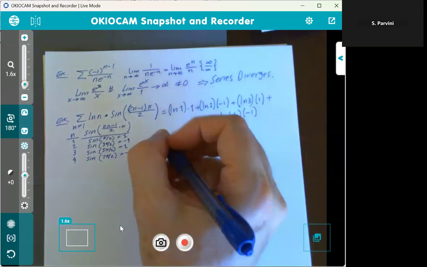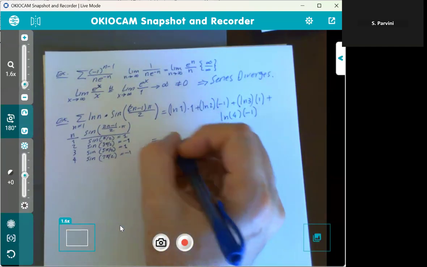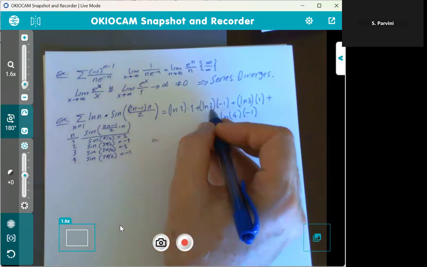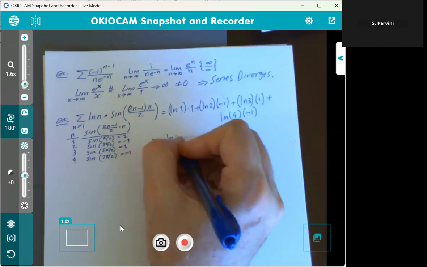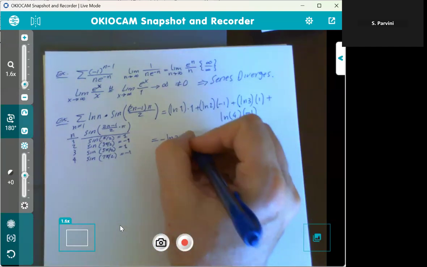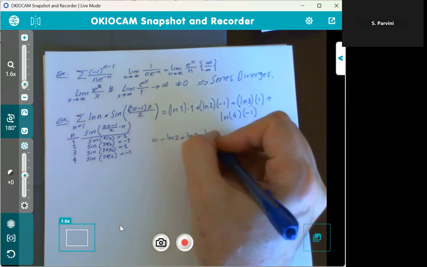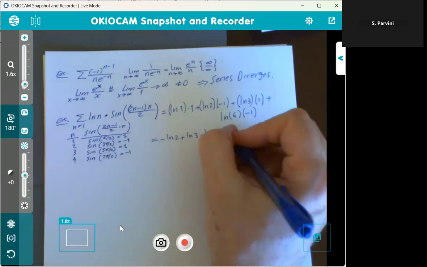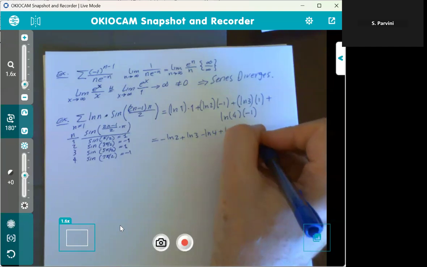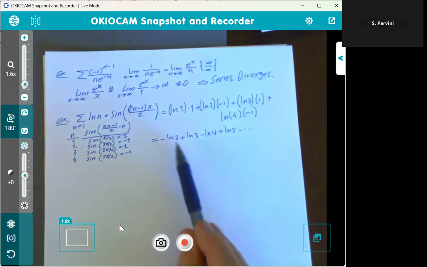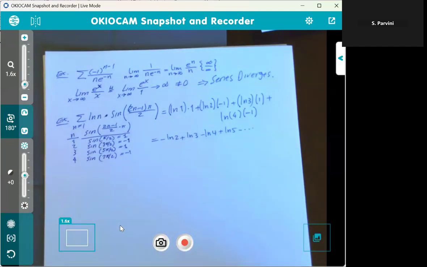So if I write this series here, of course, ln of 1 is 0, so you start with 0. The next term is negative ln of 2, positive ln of 3, negative ln of 4, positive ln of 5, and so on. And you can see that this series clearly alternates.